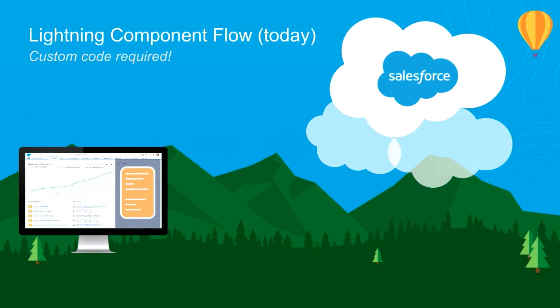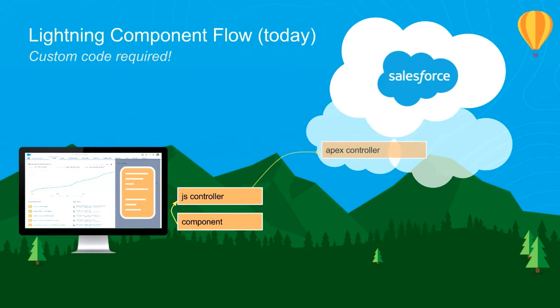On the right-hand side, I want to create my own custom component to visualize something. Here, of course, you write your component, which is markup, and that component has a JavaScript controller with all of your component methods. Today, that calls Apex, and you write that Apex controller.